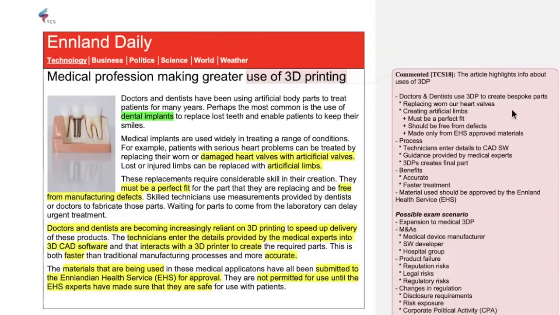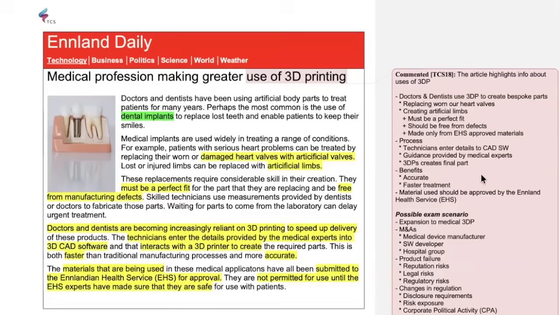And what is the process involved with utilizing 3D printing in a medical setting? Technicians enter details to the CAD software, and when it comes to designing them, guidance is provided by medical experts, because technicians are well versed with operating the CAD software, but when it comes to 3D printing medical items, especially body parts, you need the guidance of medical experts as well.